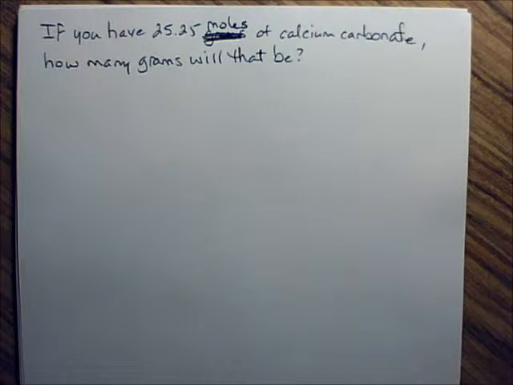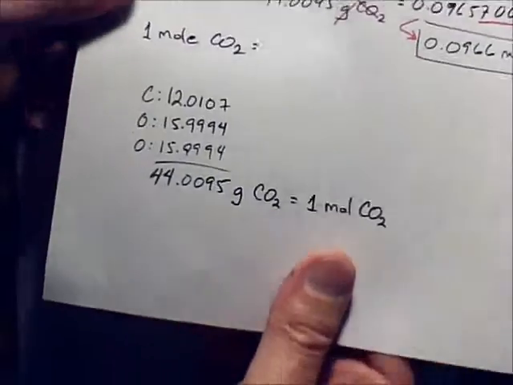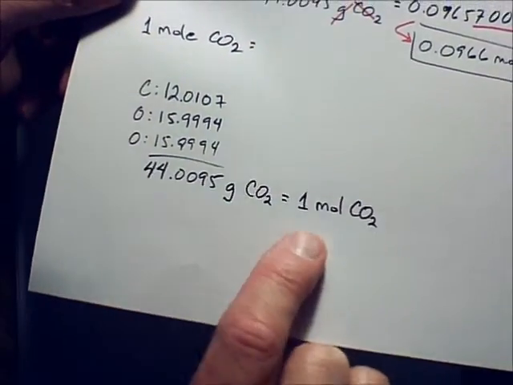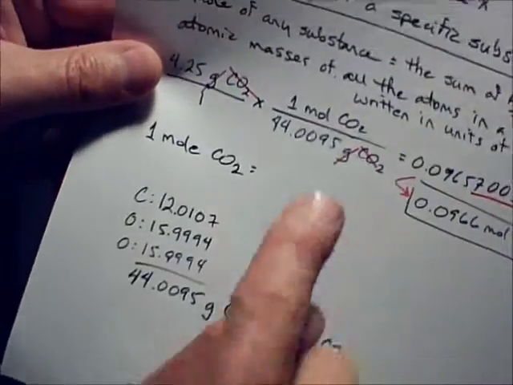You're going from grams to moles or moles to grams. You've got to have a molar mass calculation. And you should have an equality statement when you finish. When you get done calculating your molar mass, you must have an equality statement to build the conversion unit.